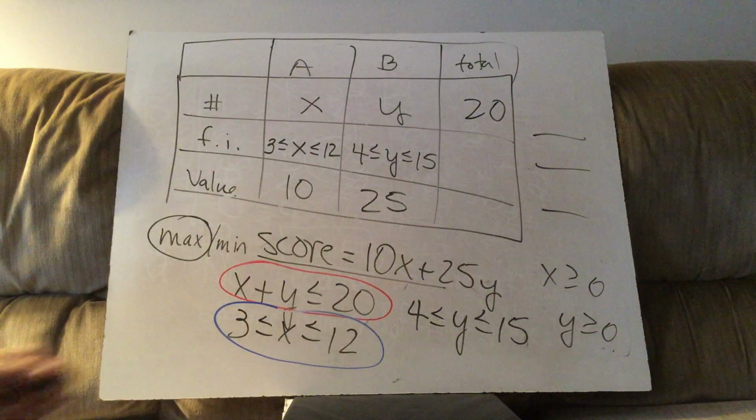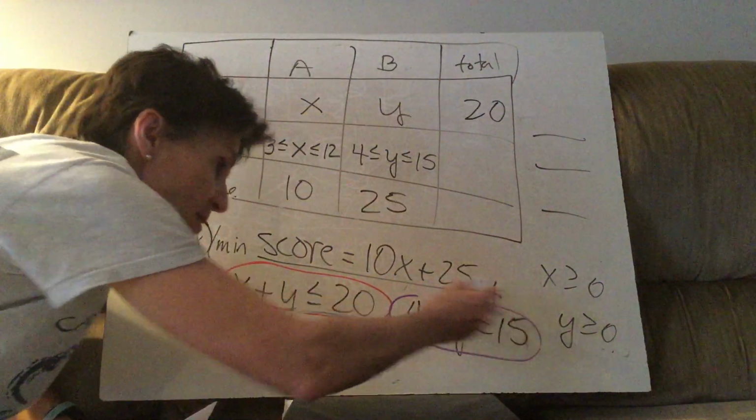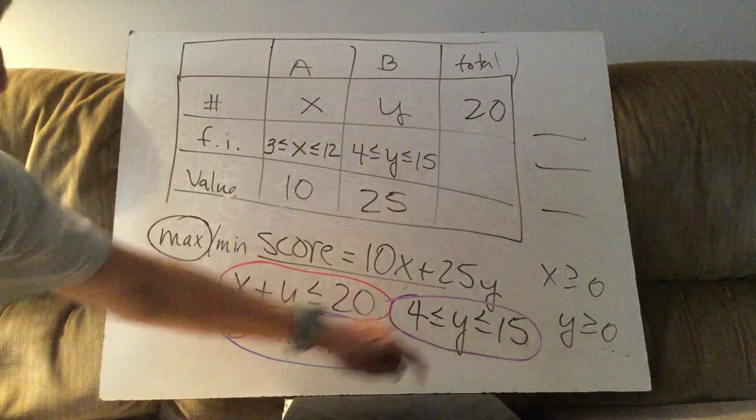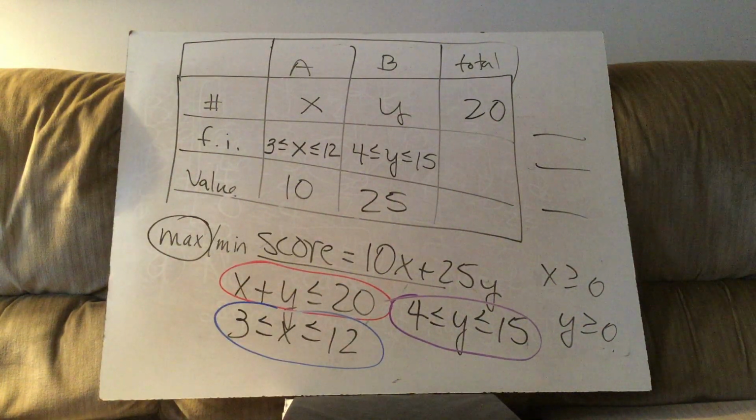Now in purple, I'm going to graph this one. Notice that it has only a Y, so I'm going to go up the Y-axis only and put a dot at 4 and a dot at 15.